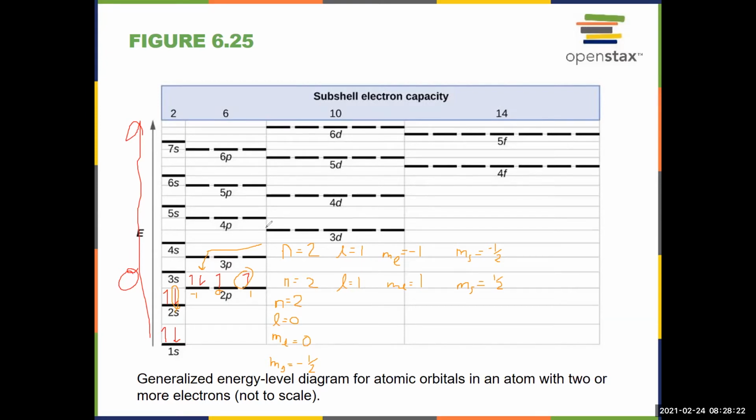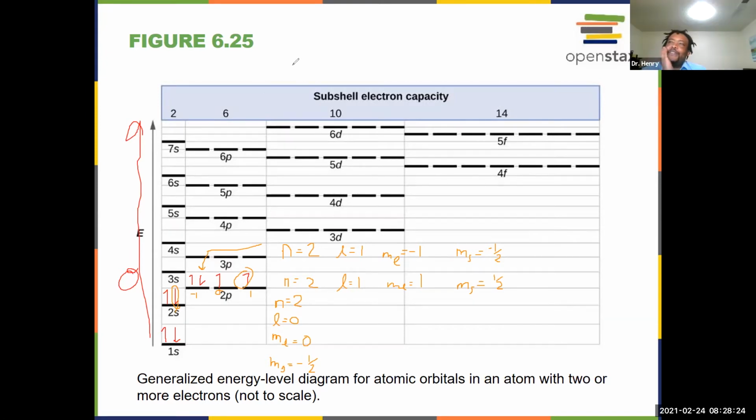Let me rephrase. If we look at the energy levels, this is the 3d. The 3d and the 4s kind of overlap, but the 4s is a higher level than the 3d.